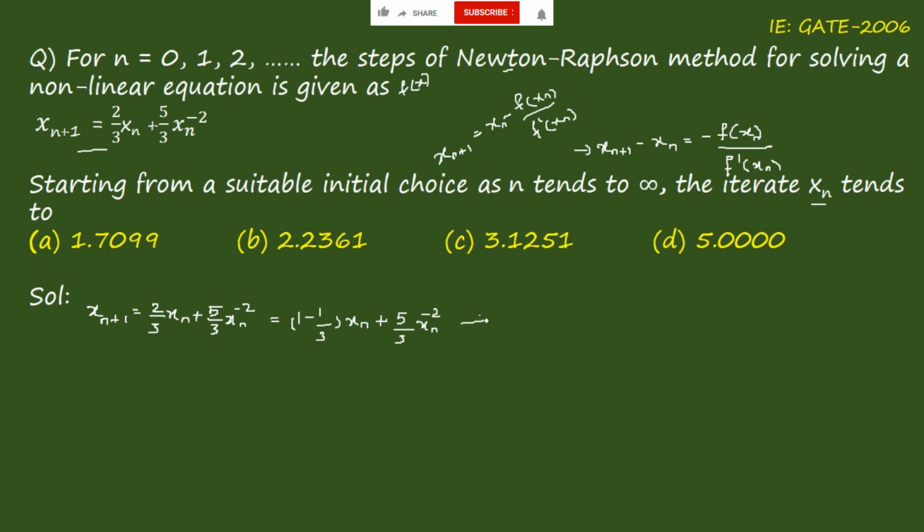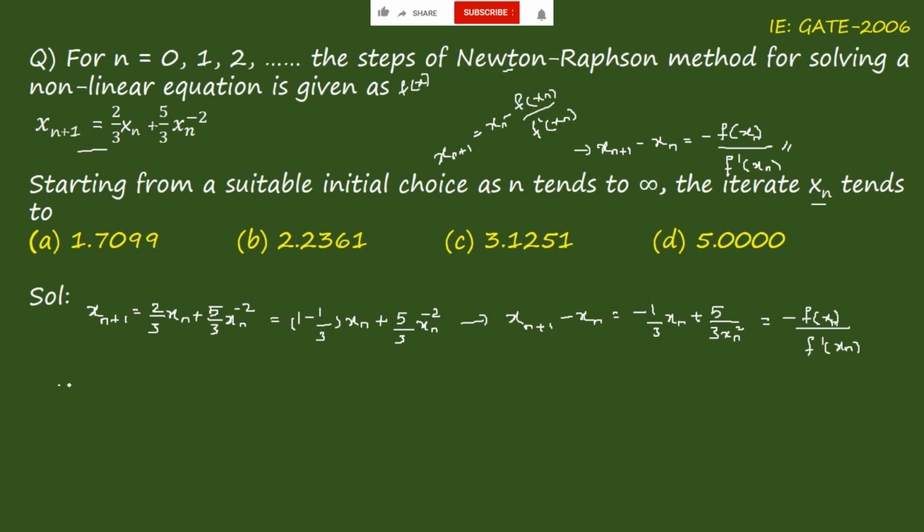Now we can solve this and get x of n plus 1 minus x of n is equal to minus 1 by 3 x of n plus 5 by 3 x of n square, which is equal to minus f of x of n by f dash of x of n.